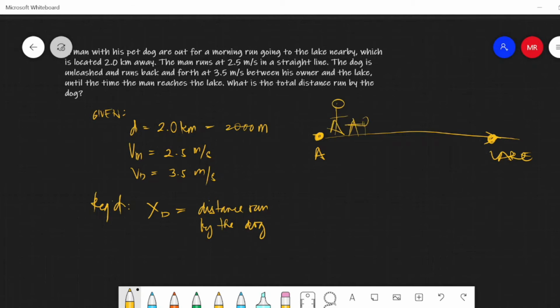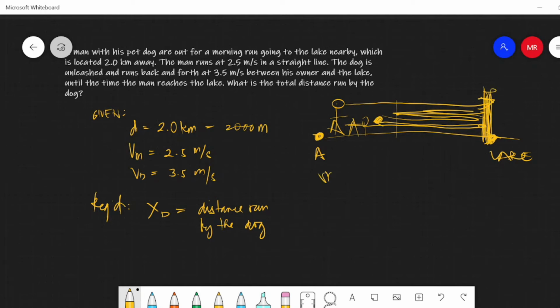The man just walks straight to the lake while the dog is running back and forth. The dog will run going to the lake, then goes back to where the man is, then runs to the lake again, and goes back until the man reaches the lake.